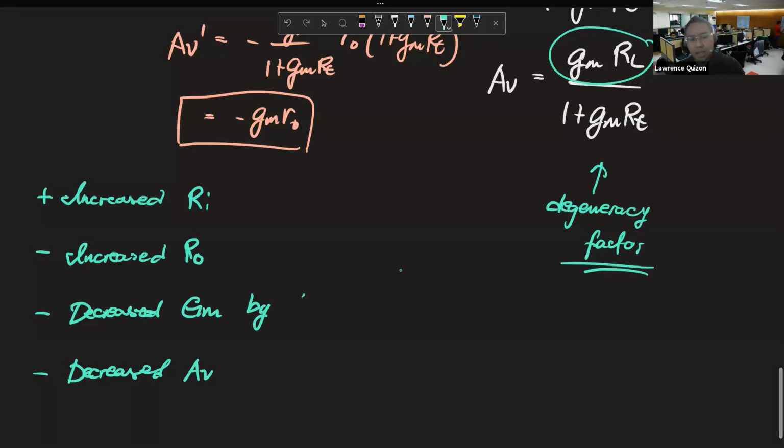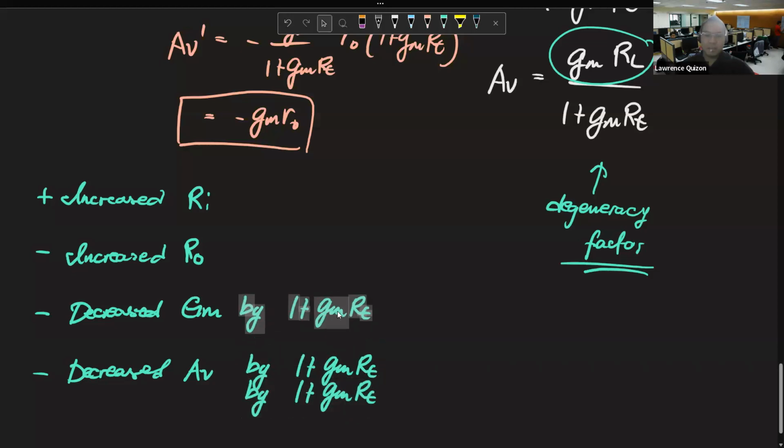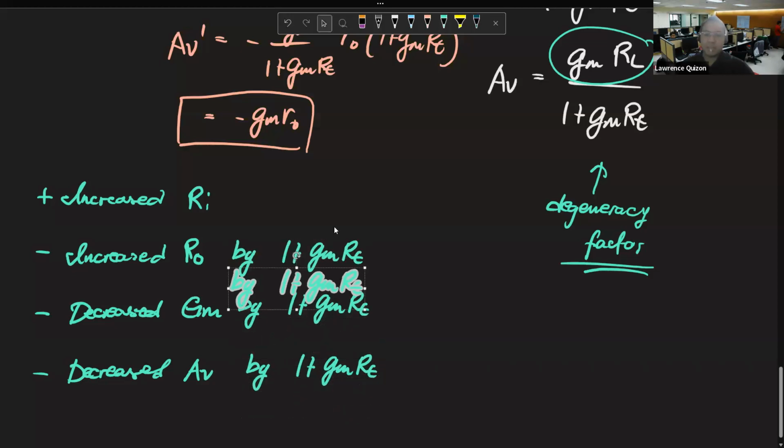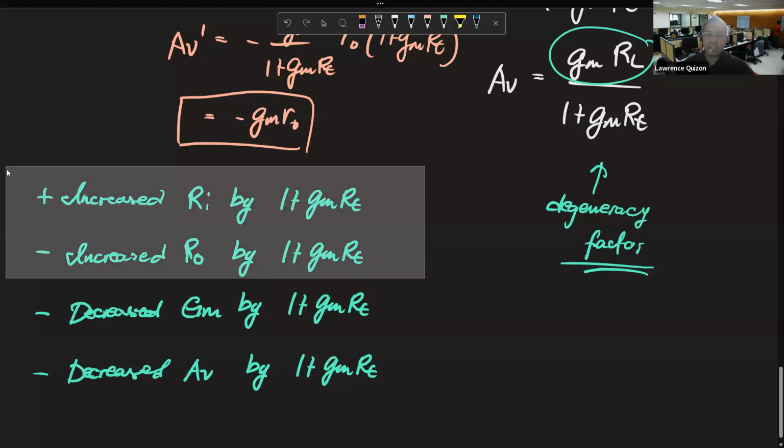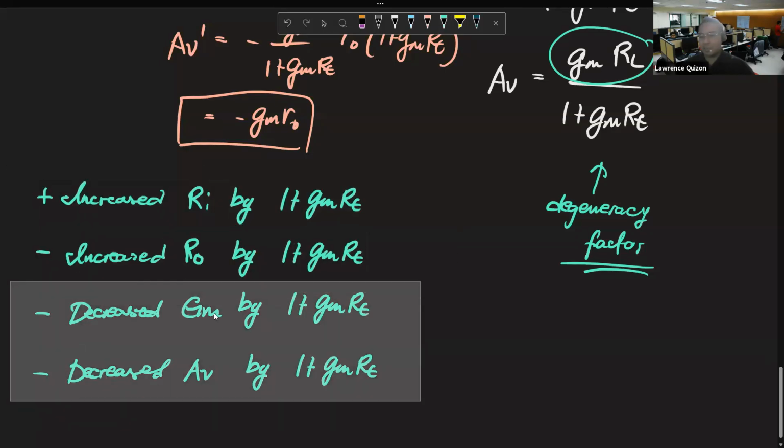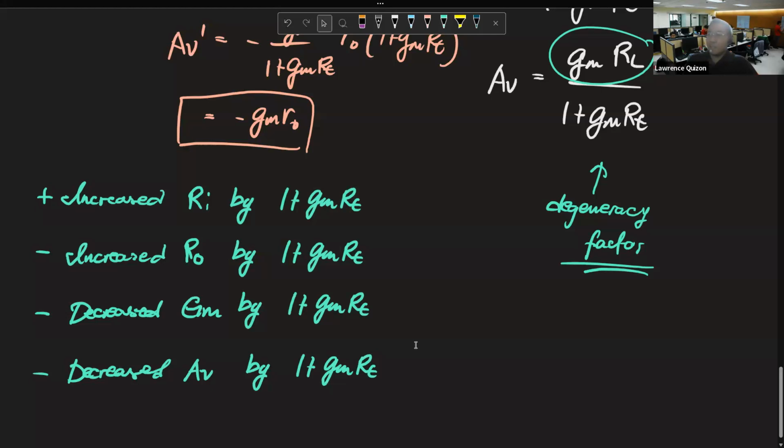So this is by 1 plus GM RE, no? And I copy paste that to all of them because it's true, no? So we increase Rn and R out by 1 plus GM RE, we can decrease both gains by 1 plus GM RE effectively. All right?